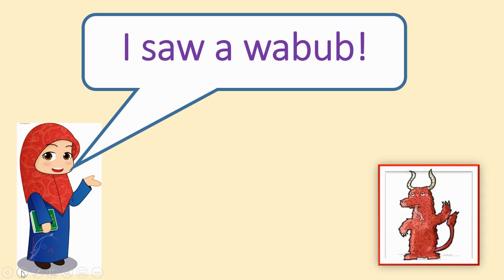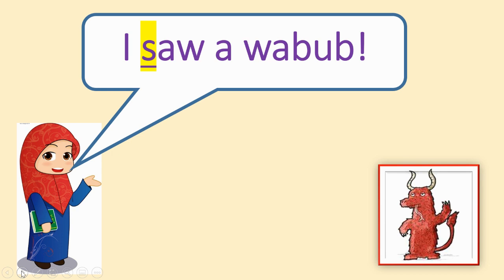But if you remember "I saw a wubub", that can help us to remember those words. And I'm going to show you how. Because the I is if. See that? If starts with an I. This is how we can remember. If we remember "I saw a wubub", it can help us to remember some of the most common subordinating conjunctions. And our S is for... I wonder if anybody can remember what S is for.